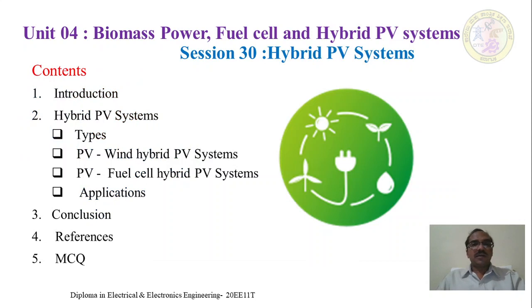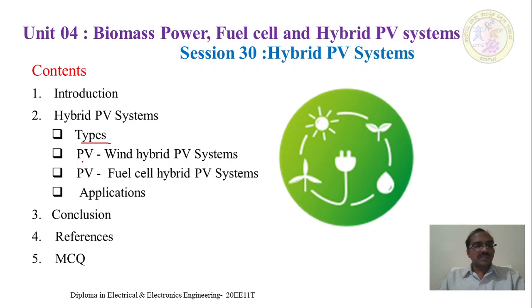In session number 30, what are we going to learn? We are going to learn what is meant by the term hybrid PV systems, and the different types of PV systems.